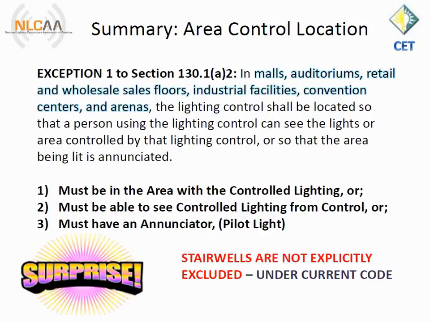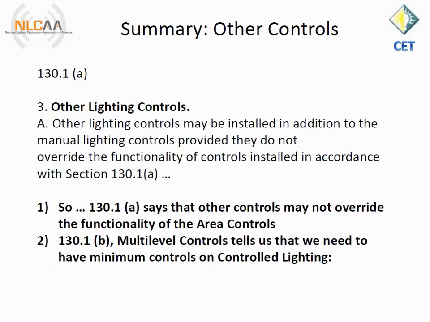Stairwells and corridors are not explicitly excluded here. Now this changes for 2016, but as it stands now, it depends on where the corridor or stairwell lives. Okay, so no further comments at this point, but we'll get back to this one. Once again, you gotta have them area controls, and usually in the area with the controlled lighting.